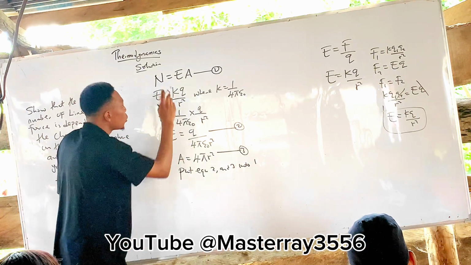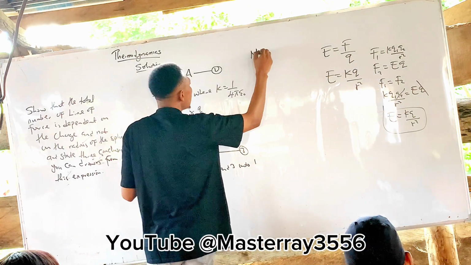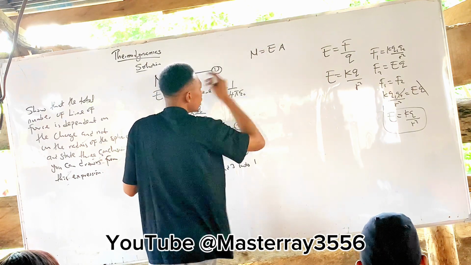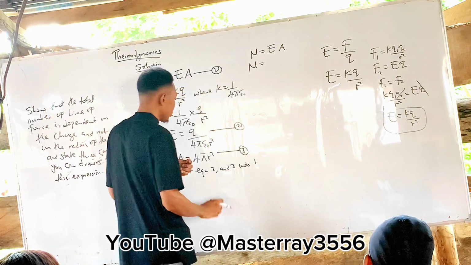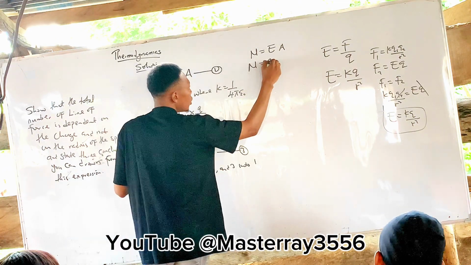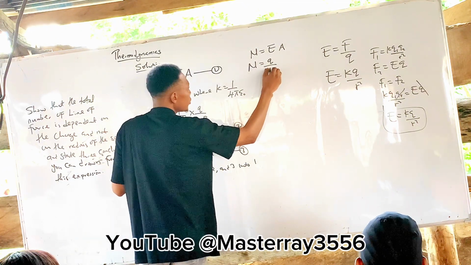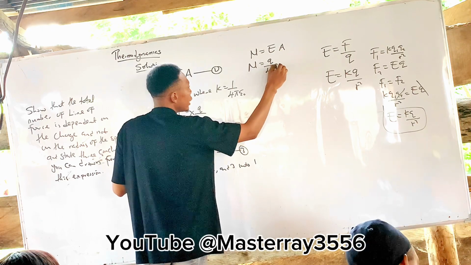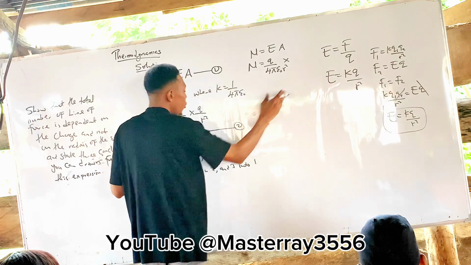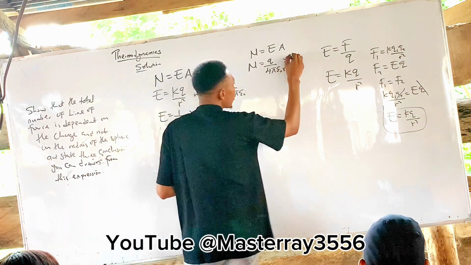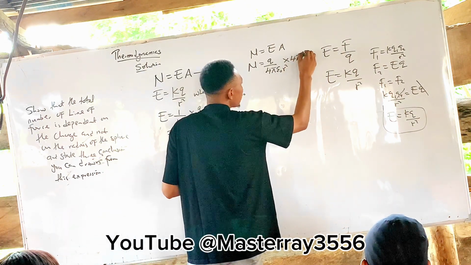Our equation 1 is N equals to EA. So from there we have N equals to E, which is Q over 4 pi epsilon naught R square, times the area, 4 pi R square.